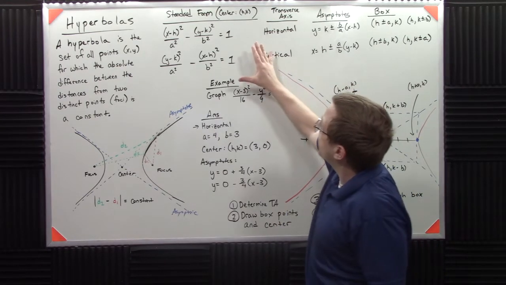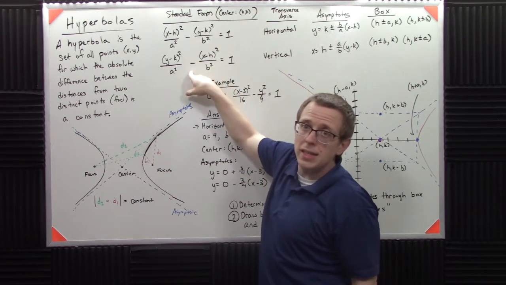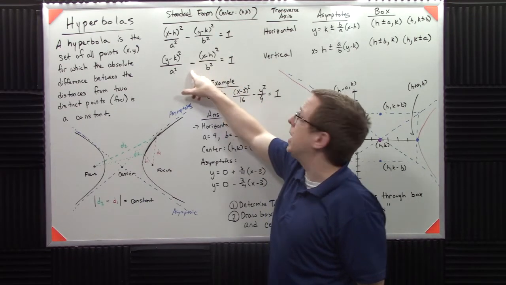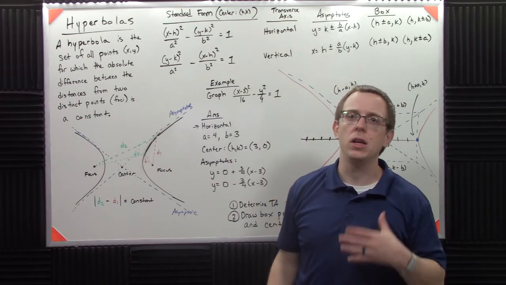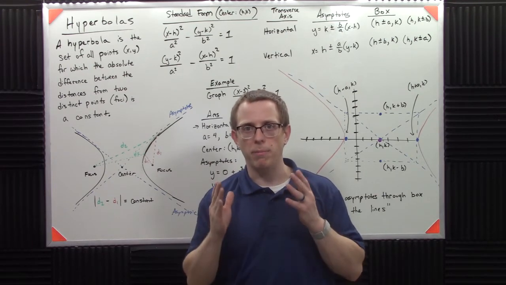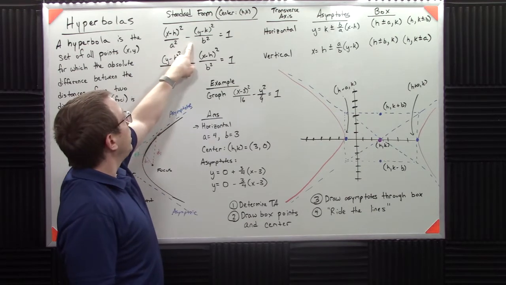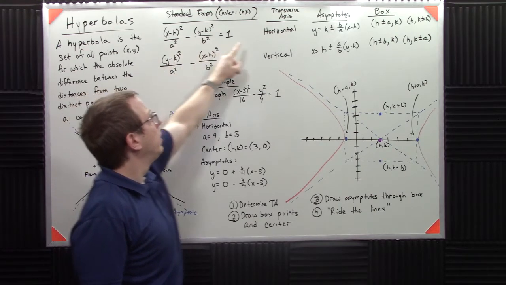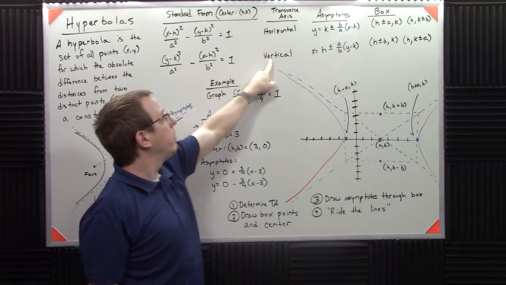But anyway, for the standard form, you have to figure out which one of these has the negative. Once you've figured that out, that tells you the transverse axis. That's a fancy word, don't worry about it. You're really just matching a category. If the y version is negative, it's a horizontal one. If the x version is negative, it's vertical.